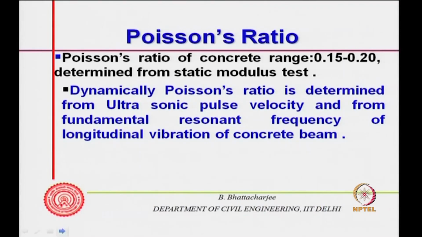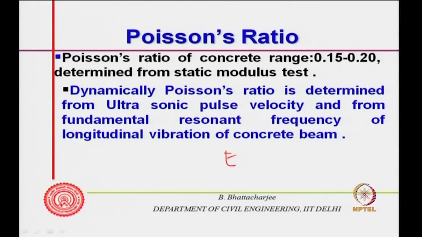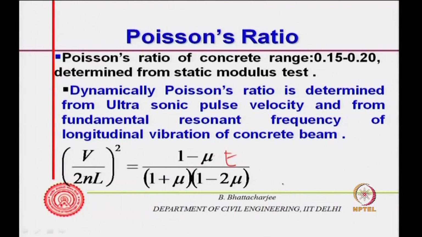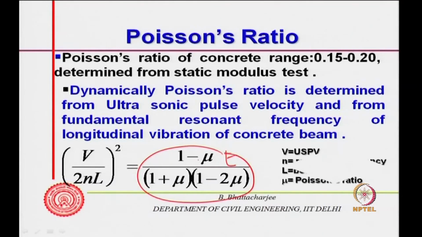Now, how do you determine this? It is related to the bulk modulus. This is the relationship involved in the velocity equation. The Young's modulus is related to the bulk modulus in this manner, where mu is the Poisson's ratio.